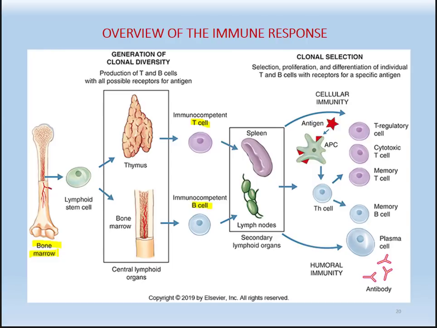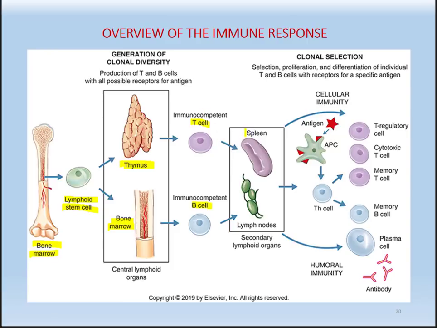They don't always mature in bone marrow, but they're produced there. And so when we produce a lymphoid stem cell, so in other words, a cell that is destined to be a lymphatic cell, part of our immune system, some of them are going to migrate to the thymus to mature. Those are our T cells. The B cells, B for B cell, B for bone, these are going to be maturing within the bone marrow.